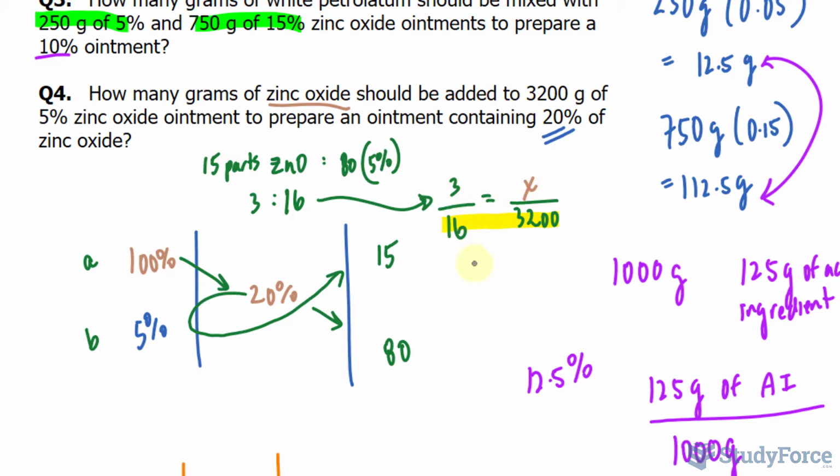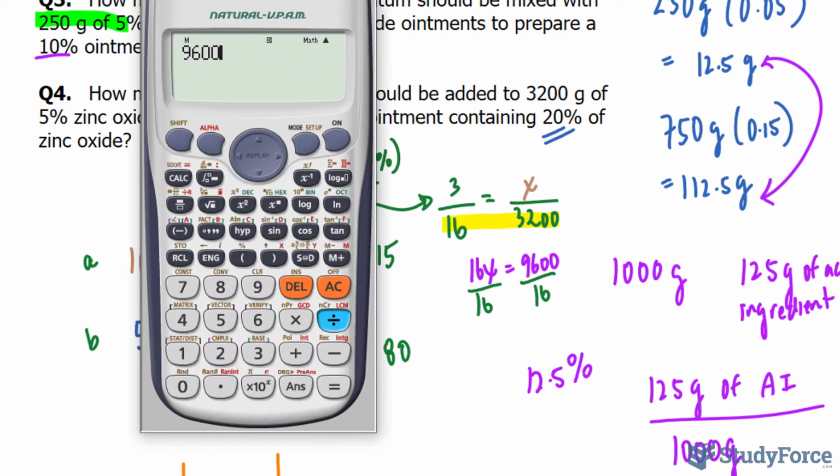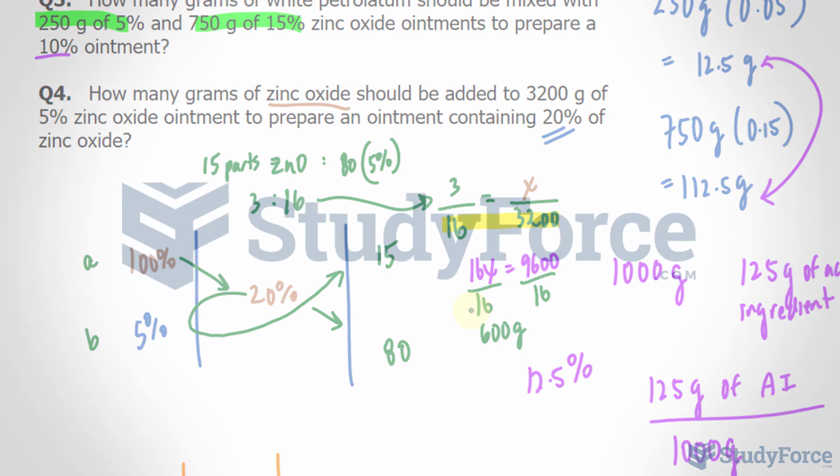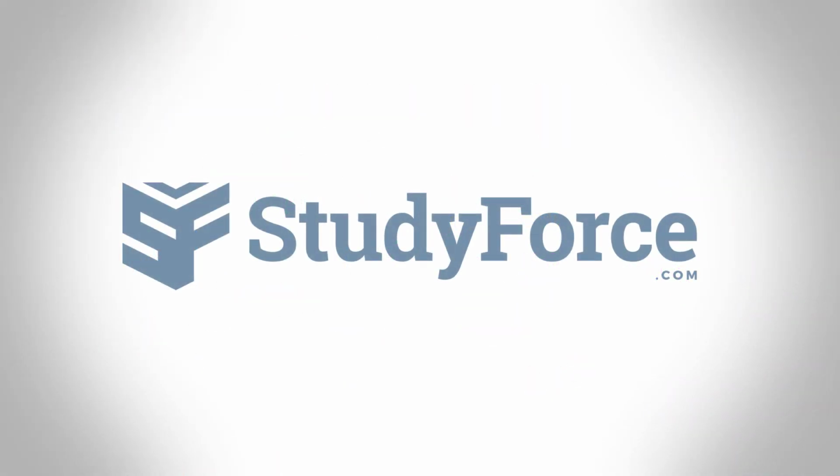So 16 times X makes 16X. And 3,200 times 3 is 9,600. Dividing both sides by 16 to solve for X. So 9,600 divided by 16 makes 600. We need 600 grams of the pure zinc oxide for us to get a 20% concentration.